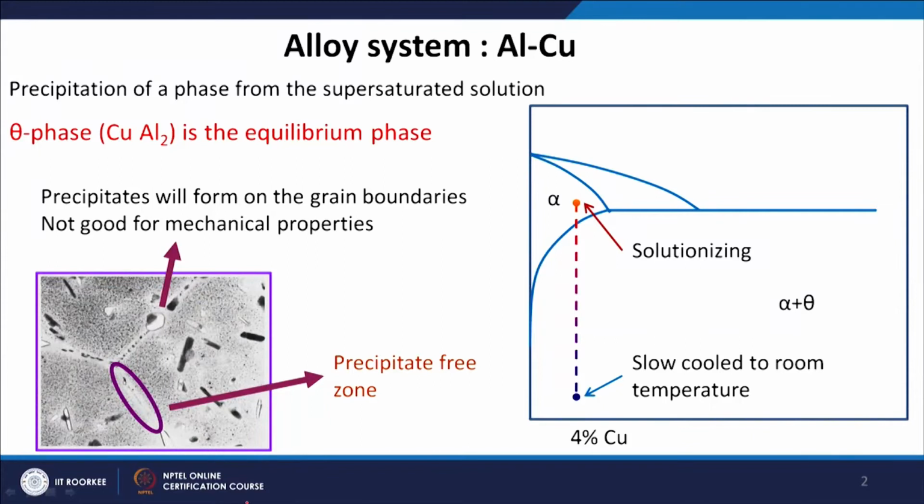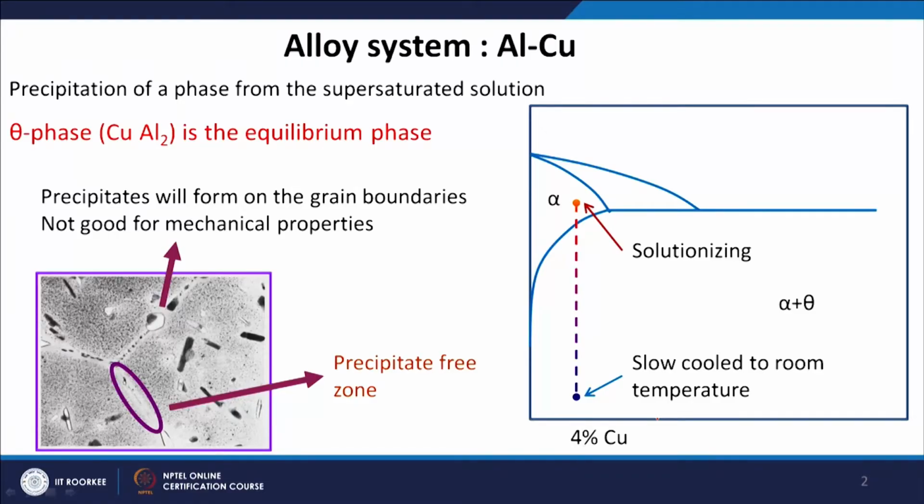Okay, so basically if you look at an alloy which is more of aluminum and less of copper, this is the aluminum copper system which we are using as an example here. We are only considering the part of the phase diagram where you have aluminum rich alloys. So, it is aluminum 4% copper which we are using as an example. The process here is that I do a solutionizing.